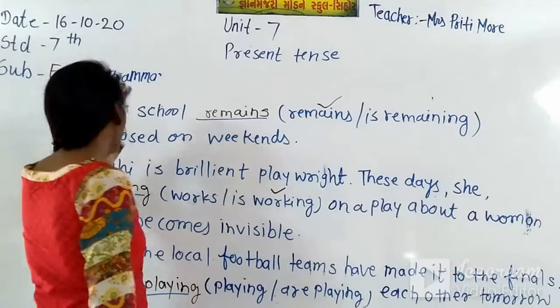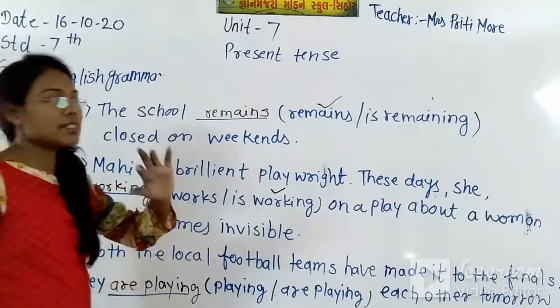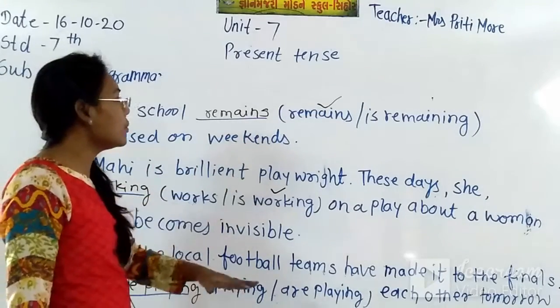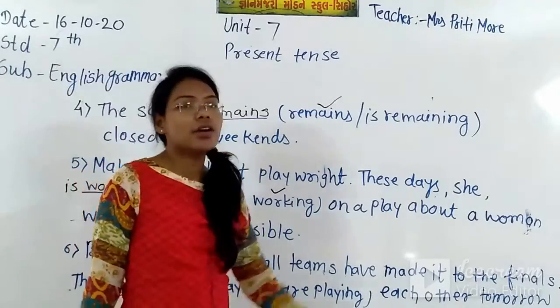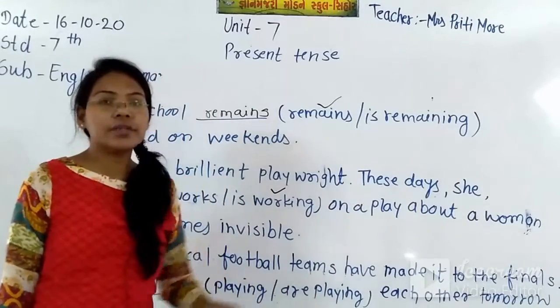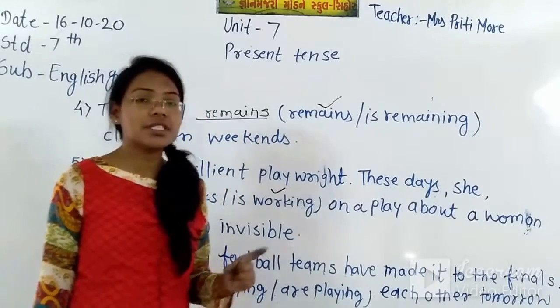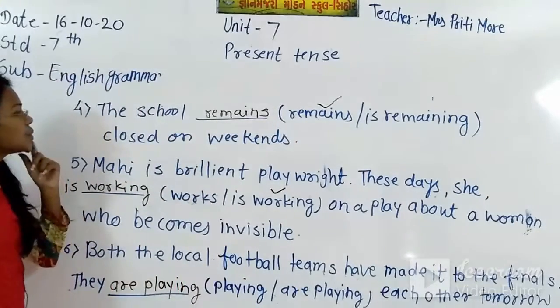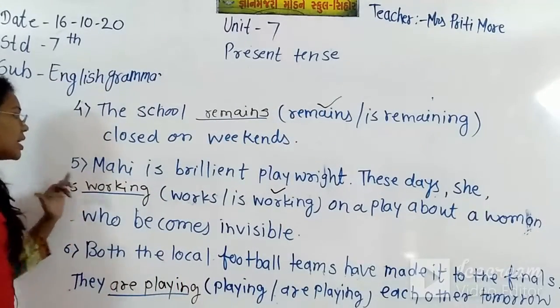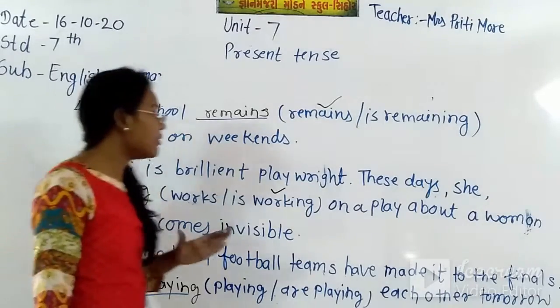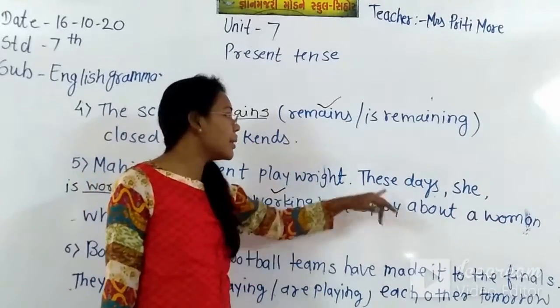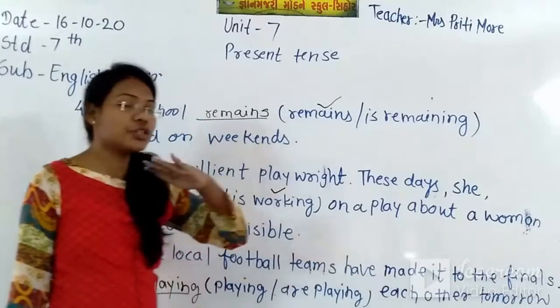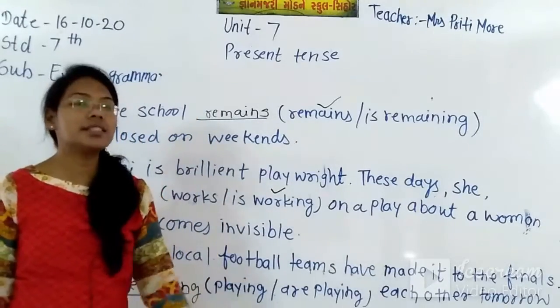So here in the 4th sentence the general truth is said. For the general truth we use V1, and for the V1, according to the subject, we use s or es. That's why we use remains here. The school remains closed on weekends. Mahi is a brilliant playwright. This is the general rule. But in the second sentence, her action, what action is she doing these days?